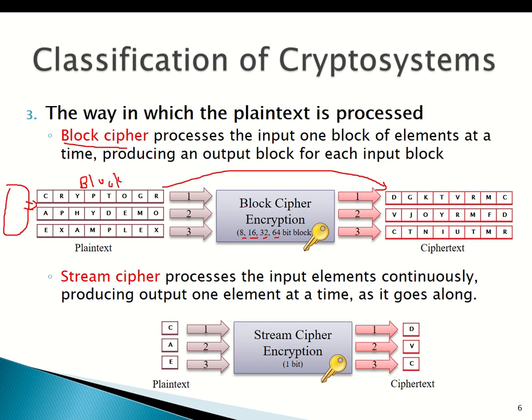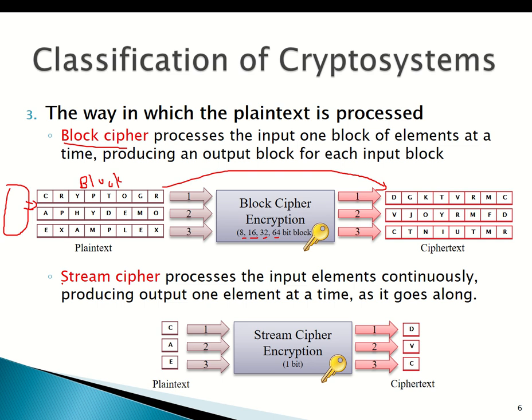These blocks will be encrypted separately using the key, either just one key or two keys, and the output will be blocks. Each block will be encrypted to the same length using any algorithm, and we come up with the ciphertext by combining these blocks together.